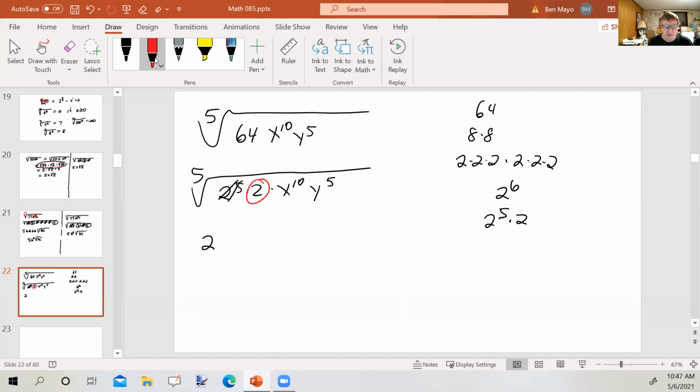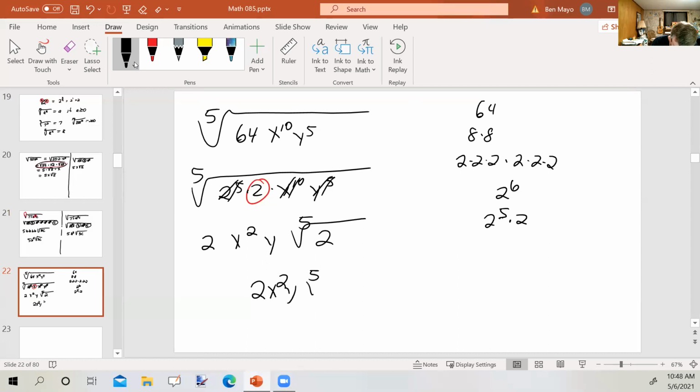This 2 is stuck inside. The 5th root of x to the 10th would be x squared. 10 divided by 5 is 2. The 5th root of y to the 5th would be y. And what's left inside is the 5th root of 2. So I've got 2x squared y times the 5th root of 2 as my final answer.